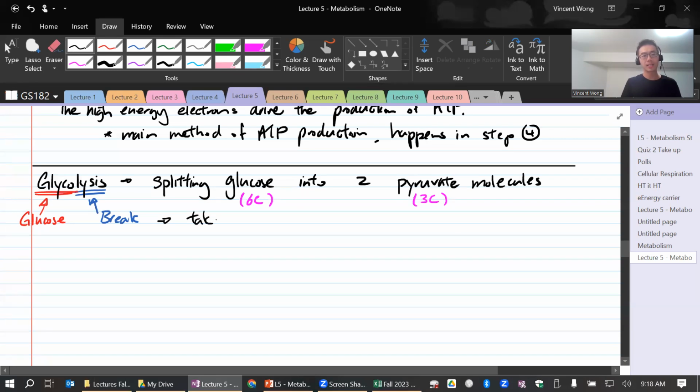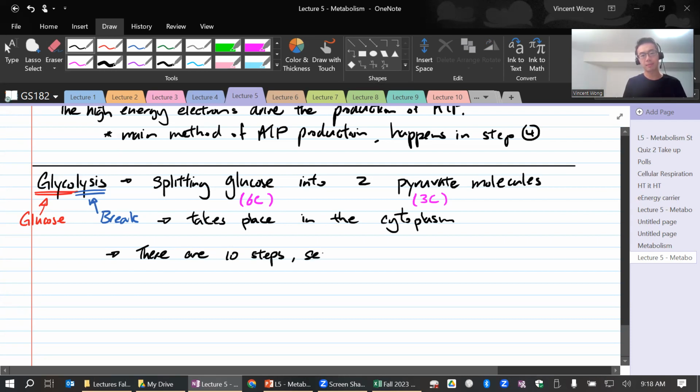This takes place in the cytoplasm. Not yet in the mitochondria, just happens in the cytoplasm. And then glycolysis actually has 10 steps in it, and it's separated into 2 phases.